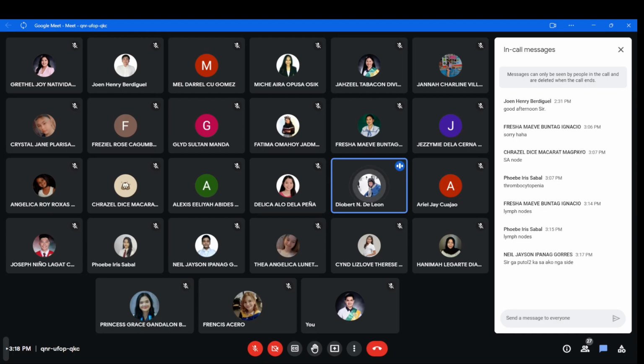Number 18, a condition that means your heart can't pump enough blood and oxygen to your organs. So usually ito yung mga problema na nasa ICU, no?